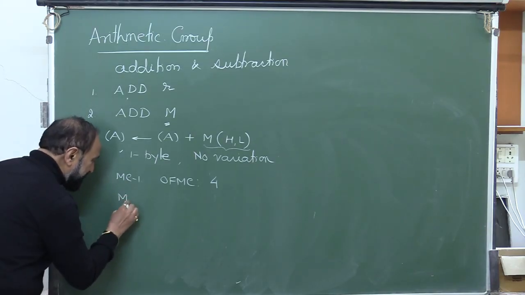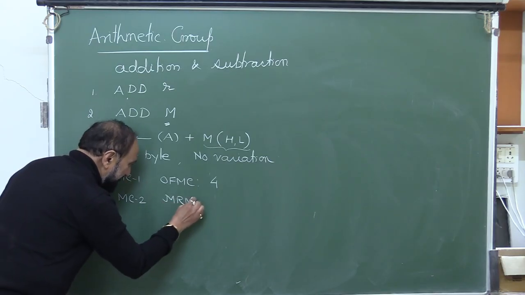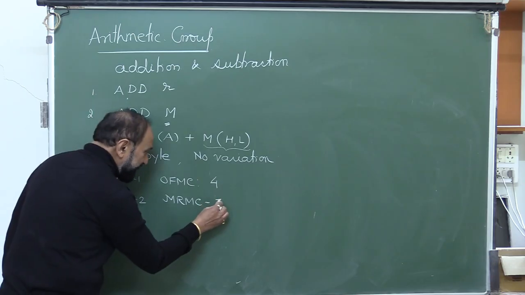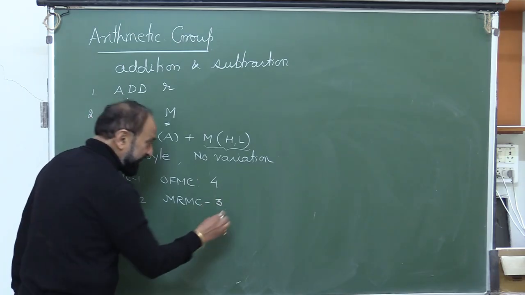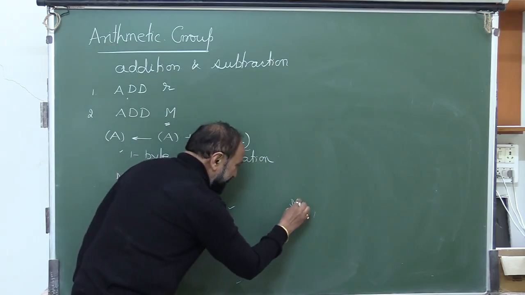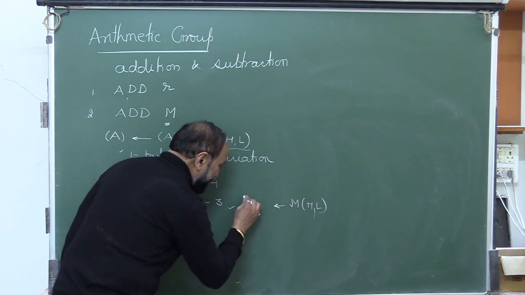So a second machine cycle is executed, which is memory read machine cycle. And this is of 3 states. Now in this machine cycle, what happens? The data from the memory is read and it is moved to temporary register.